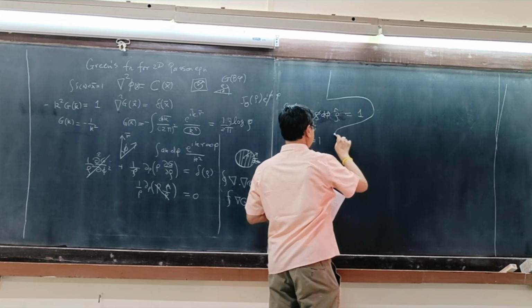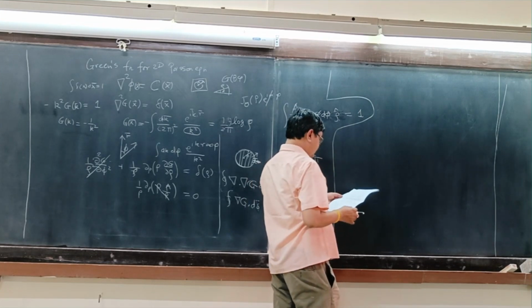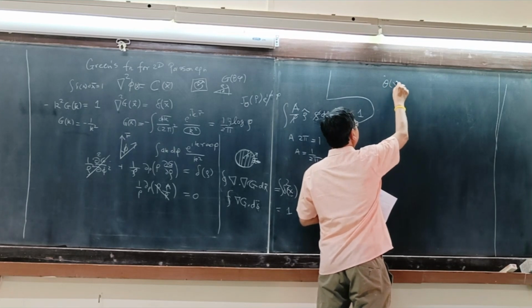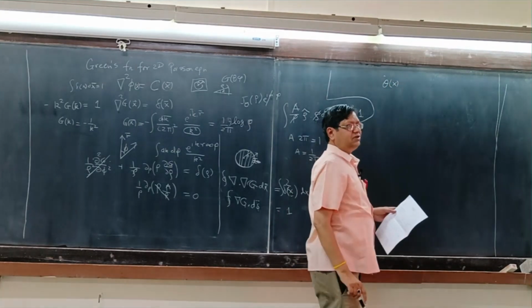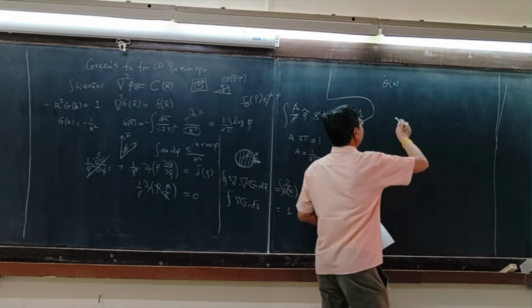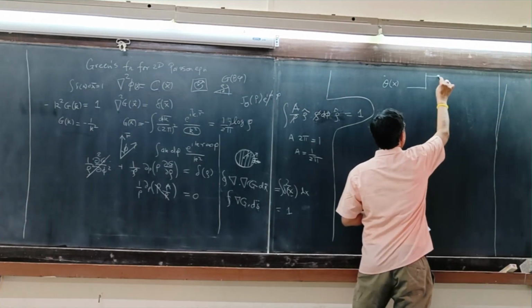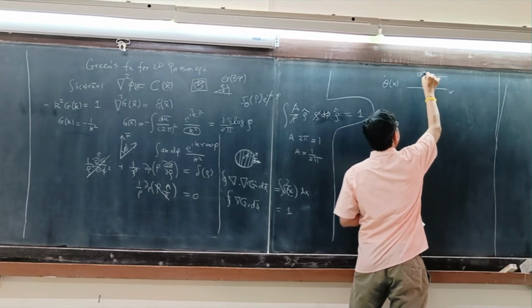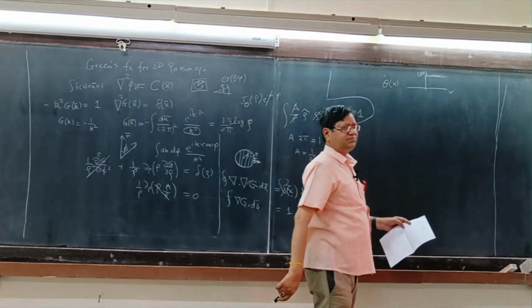Problem 2. It was the Fourier transform of theta x in 1D. Theta x is a step function. On the x-axis, for x greater than 0 it is 1 and below it is 0.